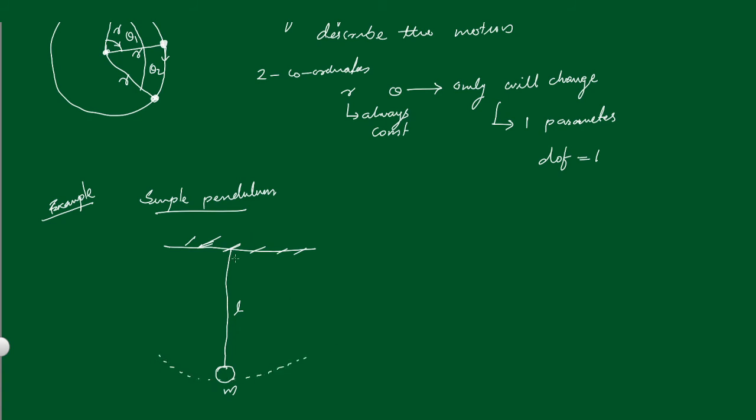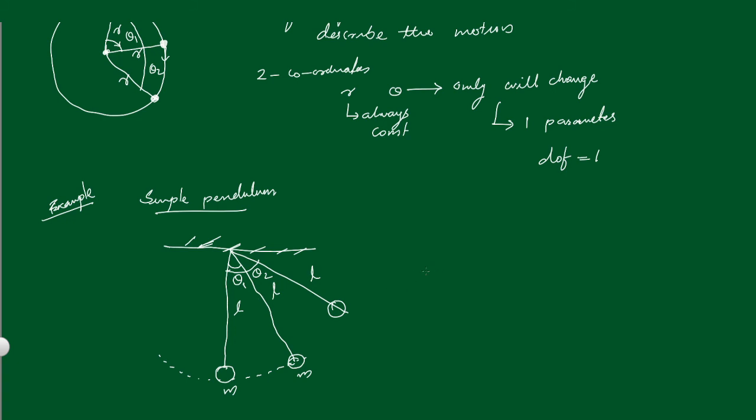After some time we can see the bob at this position, and there is a change in angle theta, but here also L is constant. Maybe this is theta 1, and after some time we can see the bob at this position. Here also the length is constant, but theta becomes theta 2.